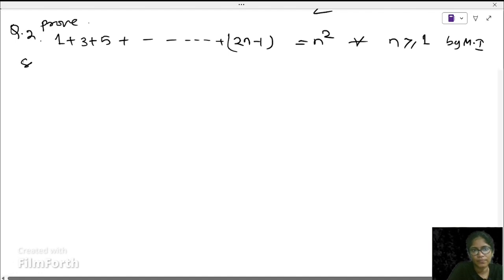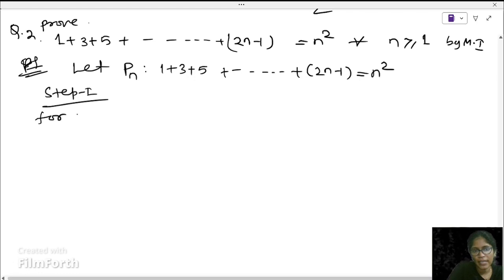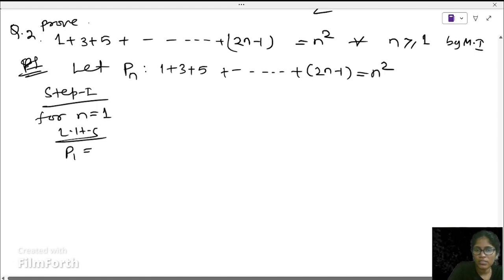Similarly, let Pn be the statement: 1 plus 3 plus 5 plus up to 2n minus 1 is equal to n square. Step 1, for n is equal to 1, LHS of P1 is equal to the first value, which is 1.